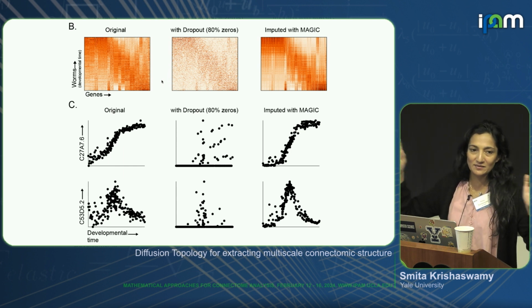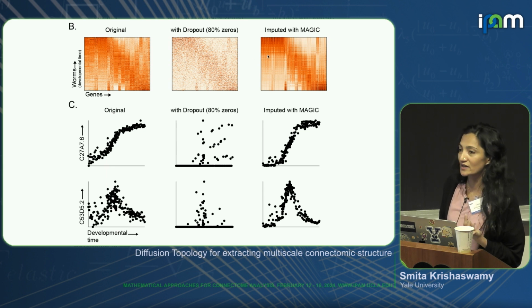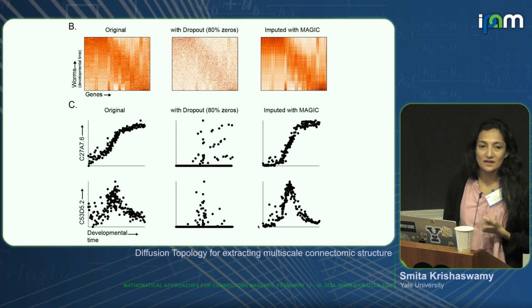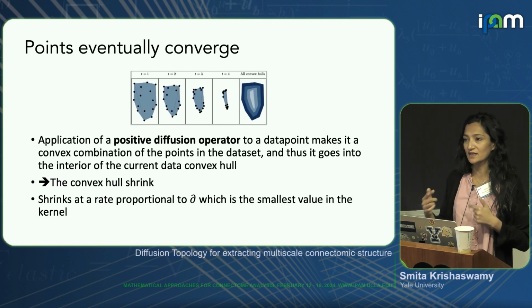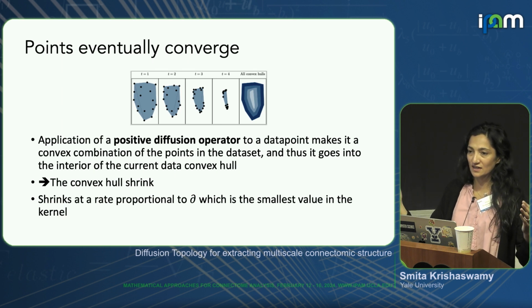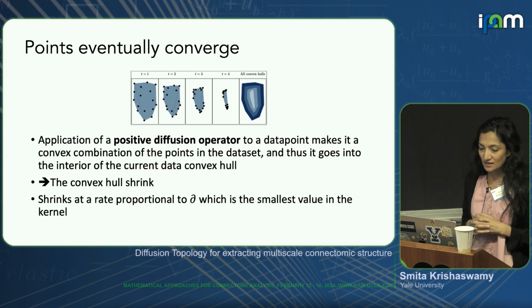Just take 80% of it, just turn it all to zeros. And then we applied one iteration of this step, and you see you re-impute the original trend back, but it's even less noisy than the original trend. So that's kind of what it was. But here we apply it over and over again to give us multiple scales of organization. It's like you're killing variation each time to get you multiple scales.